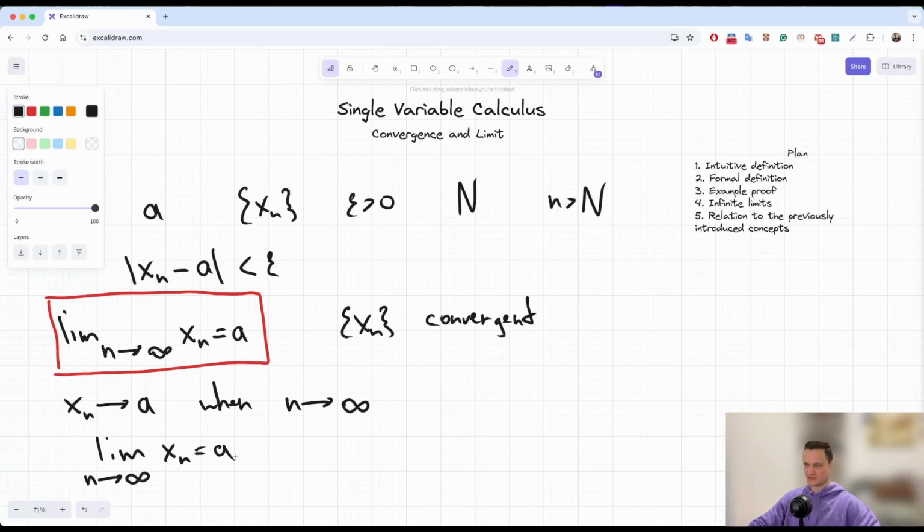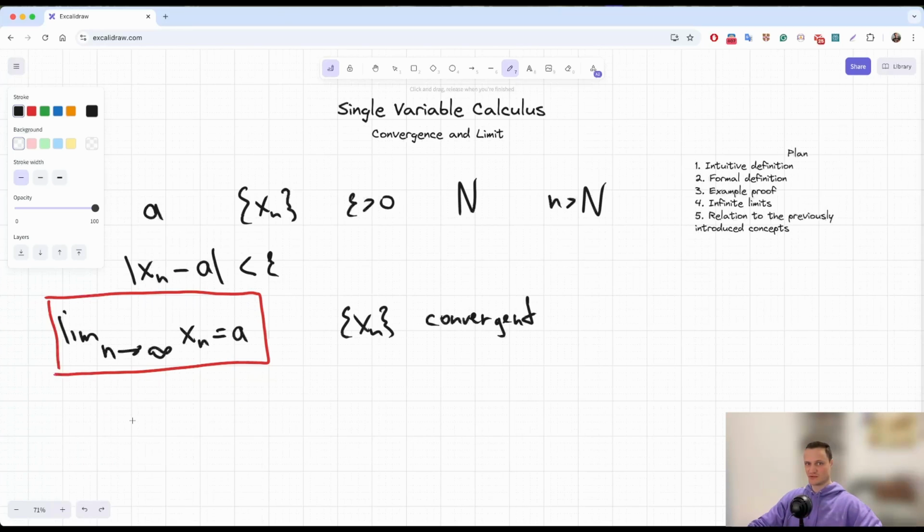This also means exactly the same. Another note: in English language texts, sometimes the limit is denoted by the capital letter L, so we will use them interchangeably. So sometimes you will see something like the limit of something is equal to L.